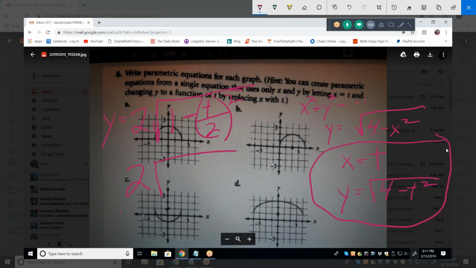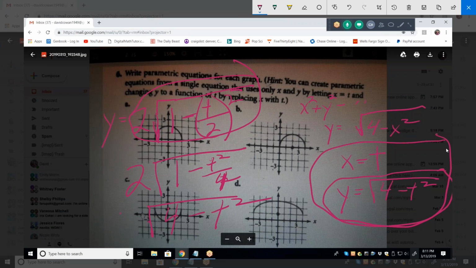We get 2 times the square root of 1 minus t squared over 2 squared, excuse me, over 4. Now I'm going to take that 2 that's outside and bring it inside the radical as a 4. It's going to give me 4 minus t squared. That answer is the same as this answer right here.